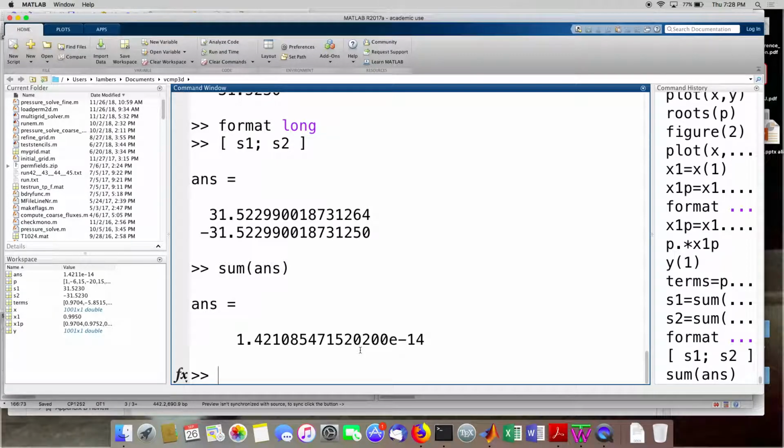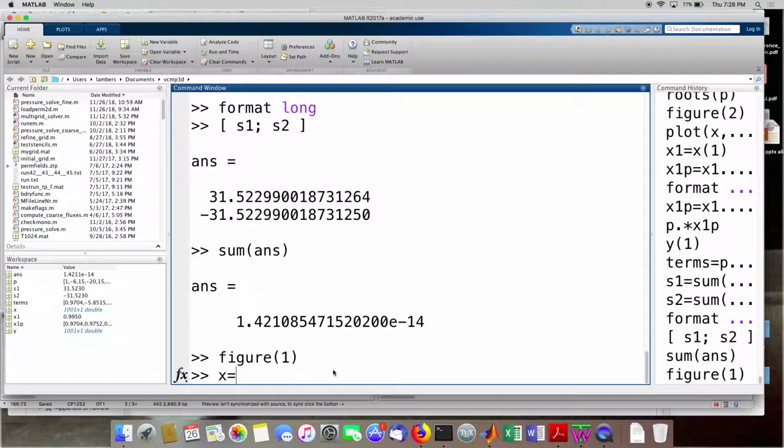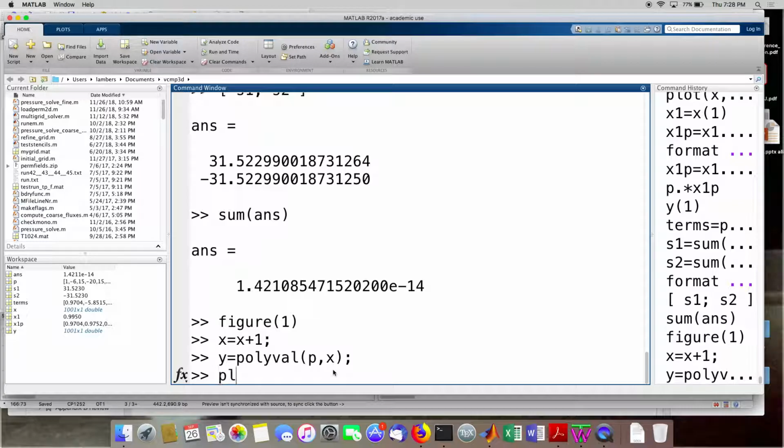I'll pick a different vector of x values. So I'll go back to figure 1. That's so awful right now. I'll take x, which is clustered near 1, and just add 1 to it. So now these values are clustered near 2. I will plug it into the polynomial and plot them.